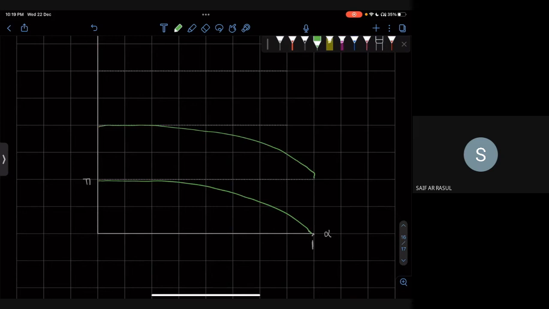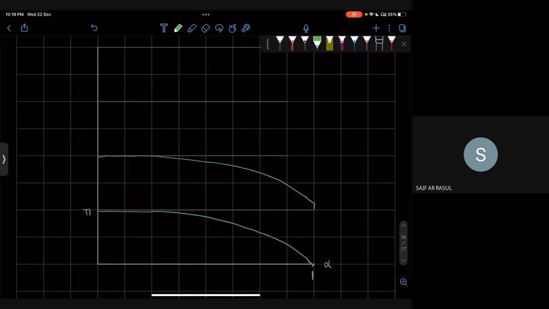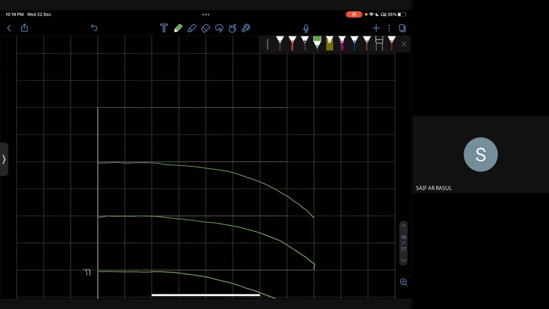So it's pretty easy. Once you've plotted one, you can plot all the others. They should all go to the same point. Okay. So this is the right-hand side of the equation.